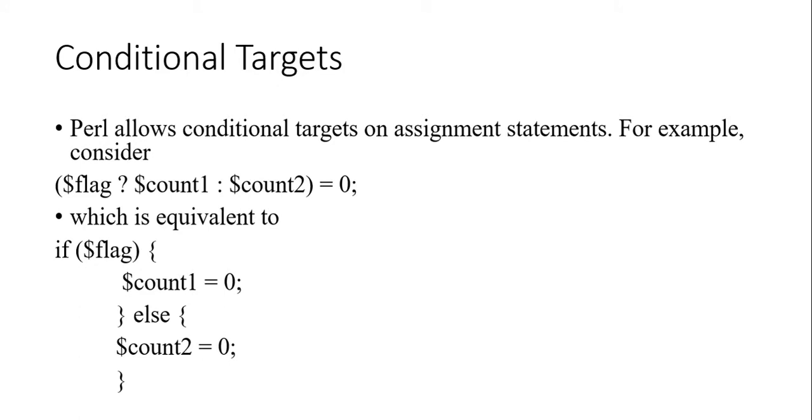For example, consider $flag ? $count1 : $count2 = 0. This Perl statement is equivalent to: if $flag, which is a variable name, is true, then $count1 = 0, else $count2 = 0.